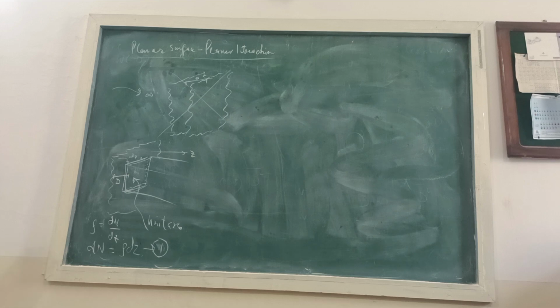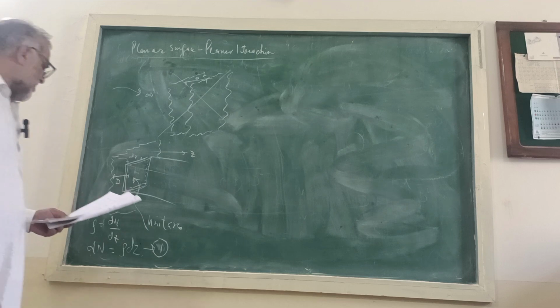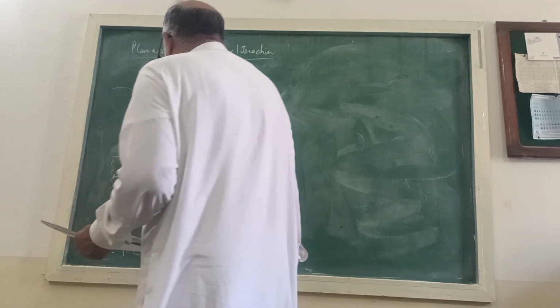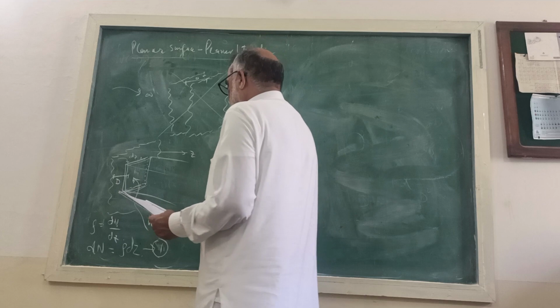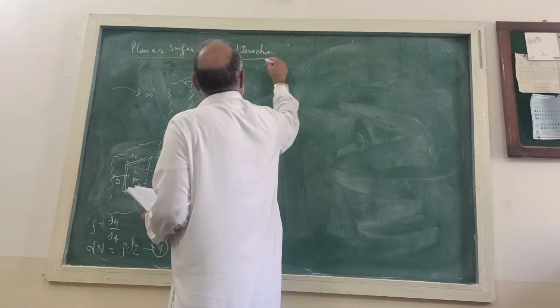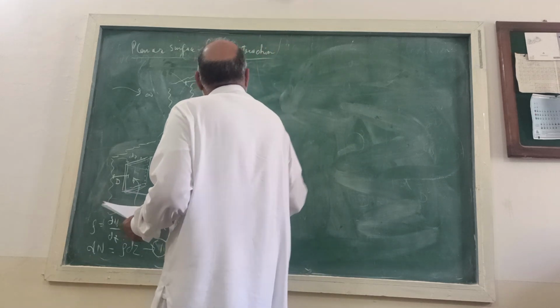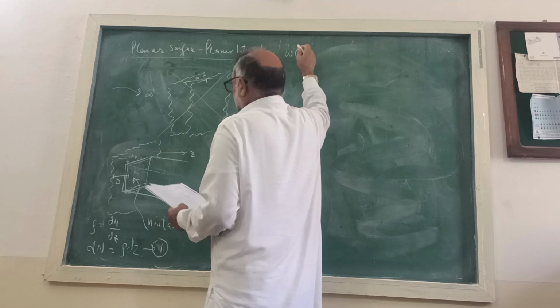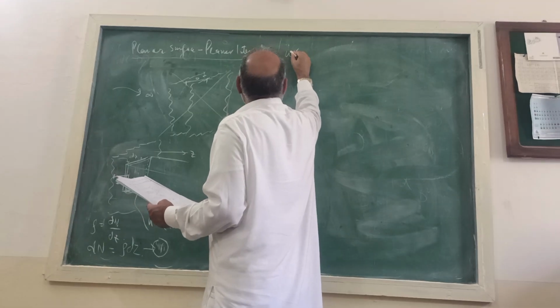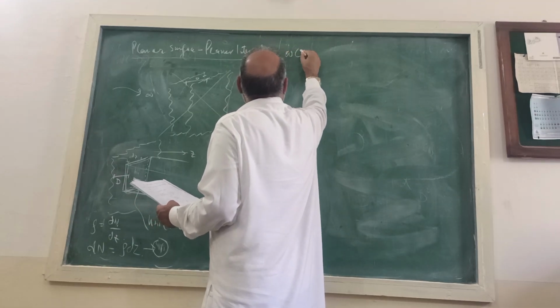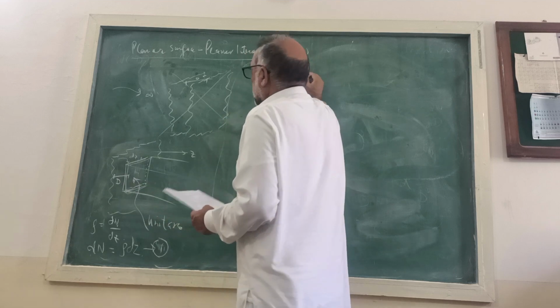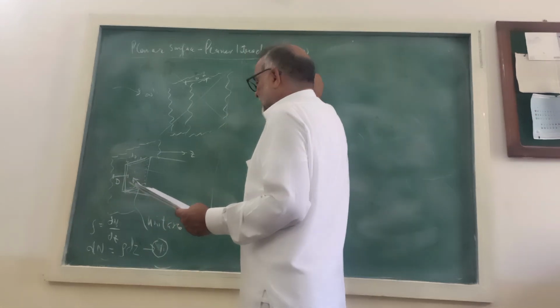So if little small omega or small w, we say, this is small w, times the separation d, right?